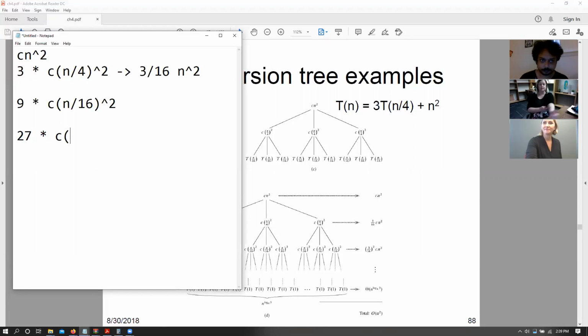Yep, you're right. So n by 4 times 16 again. So 4 times 16 gives us what? 4 times 16 gives us 64 squared.